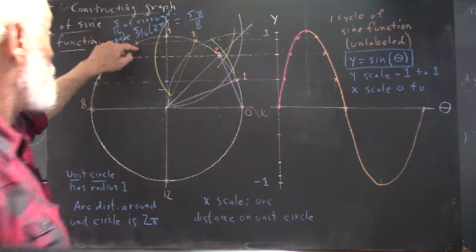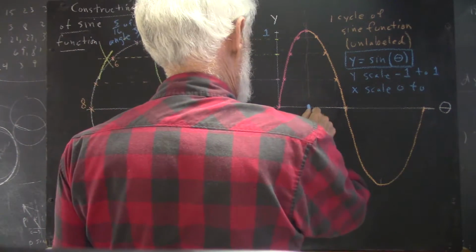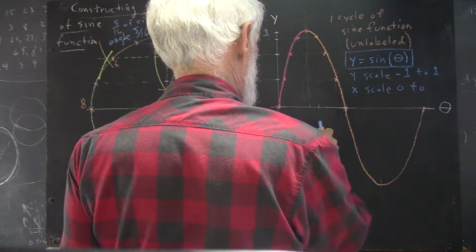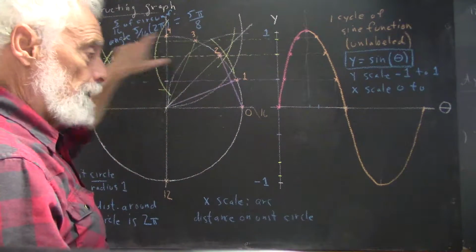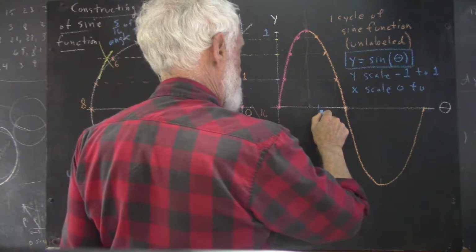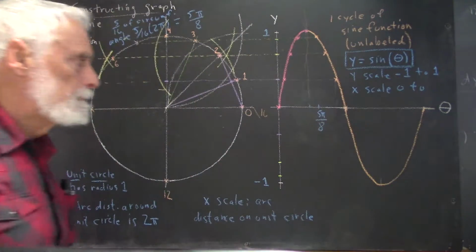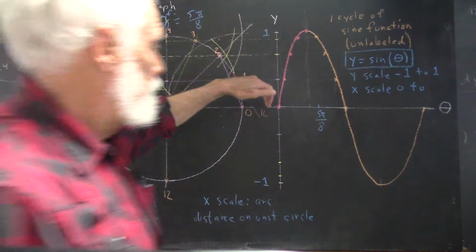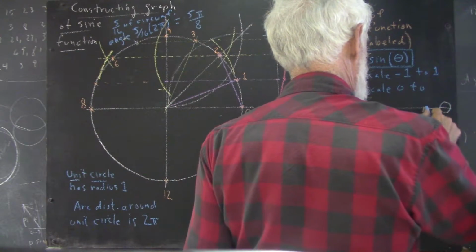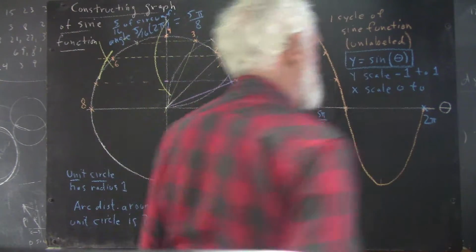So if we wanted to label this point over here, that would be our 5th point. Here's our 4th point, there's our 6th. According to this measure of angle, this point here would be 5 pi over 8. And our complete cycle goes from 0 to 2 pi.